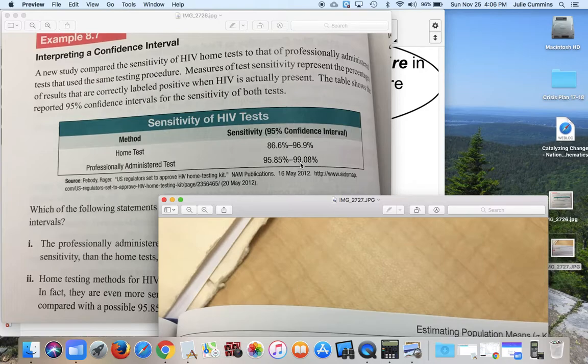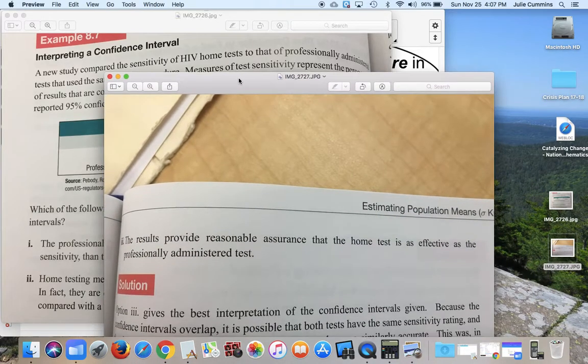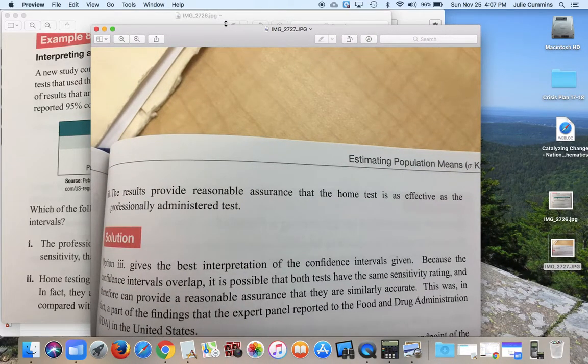Since they overlap, we can reasonably assume that they might have the exact same sensitivity if the home test falls on the high end and the professional one falls on the low end. So since there's overlap, we want to pick choice 3. Reasonable assurance that the home test is just as effective as the professionally administered one.